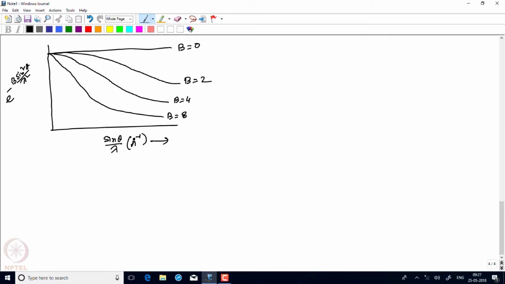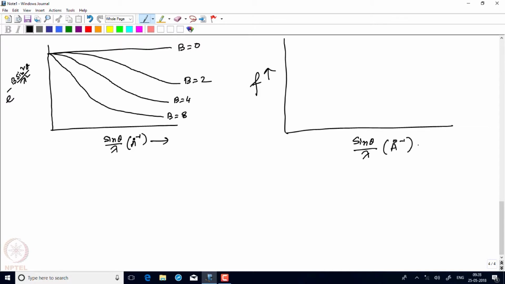As a result, the corresponding plot for atomic scattering factor F with sine theta by lambda plotted in angstrom inverse unit should look like this. This top plot is without the thermal vibration, that is when B is equal to 0. But with high increase in the value of B, this curve reduces quickly.